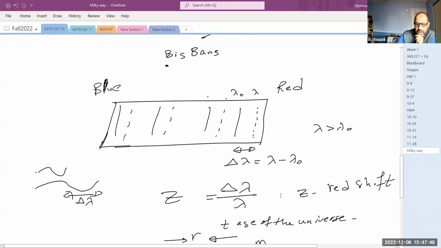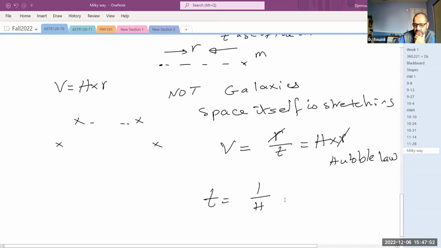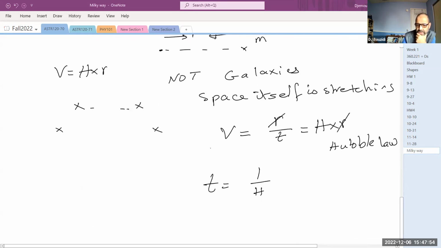So based on meticulous observations, the agreed value for H is such that the age of the universe is almost 14 billion years. Almost 14 times 10 to the power 9 years.